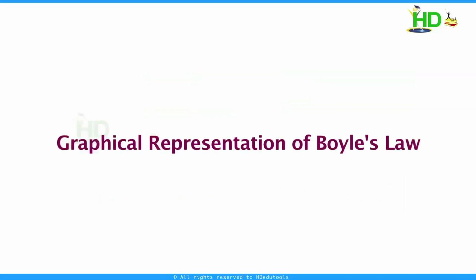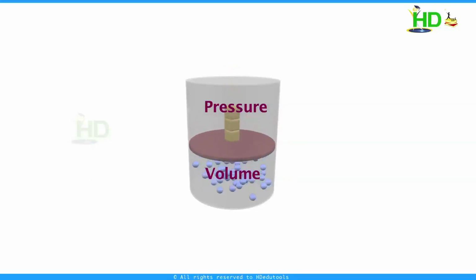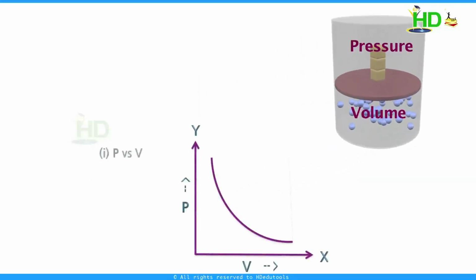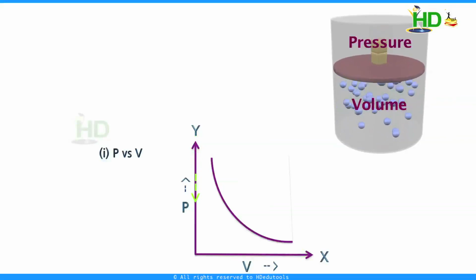The graphical representation of Boyle's law: just take the same experiment, the pressure volume relation. You can find a graph of pressure versus volume for a gas as we are seeing in the figure. To show the relation between pressure and volume, we are taking volume on x-axis and pressure on y-axis. Here, with increasing volume, the pressure will decrease.